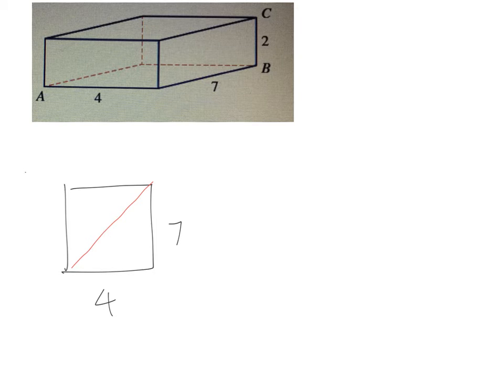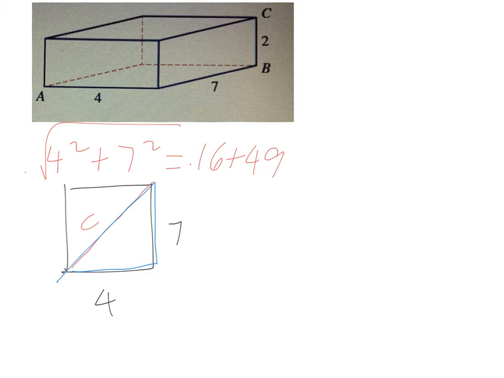So we want to find this. We know that if we've got our triangle, 4 and 7, we'll find the hypotenuse. So it's 4 squared plus 7 squared, and we're taking the square root of that. So what's that? 16 plus 49, which is 65.